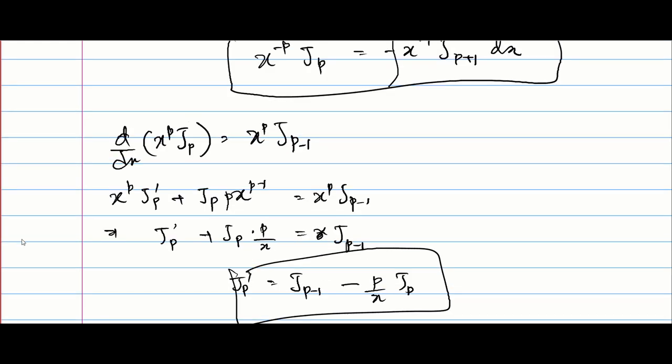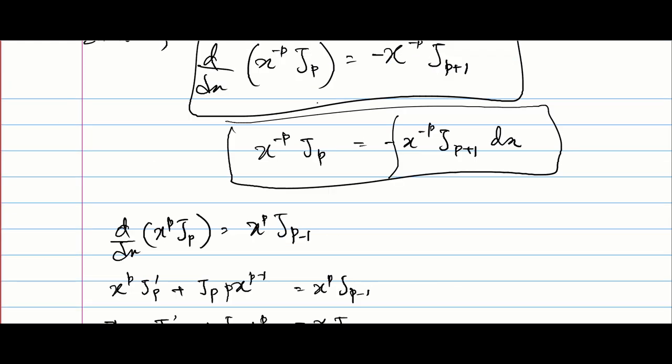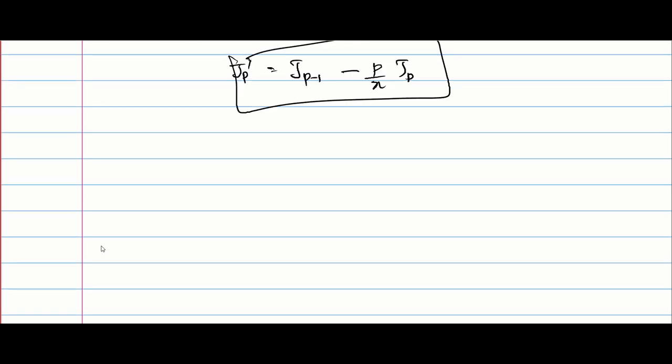Now again from equation b, let's call it b, this one. From b, similarly we'll get Jp' = J_{p+1} + (p/x) Jp.